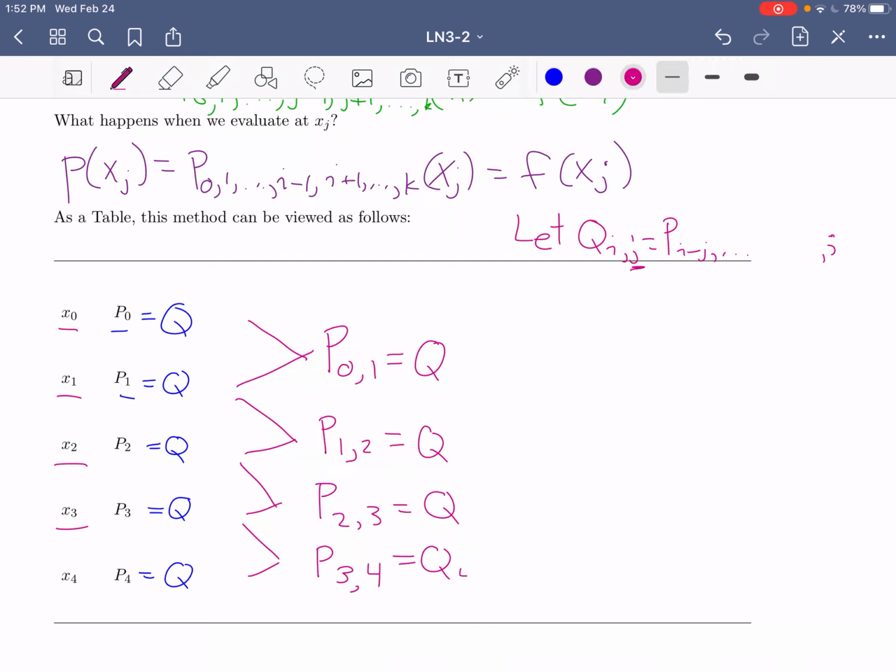So this one ends at 4 and starts 1 unit ahead of it. This ends at 3, starts 1 ahead. Ends at 2, starts 1 ahead. Ends at 1, starts 1 ahead. This ended at 0 and started 0 ahead, ended at 1 and started 0 ahead, 2, 0, 3, 0, 4, 0.